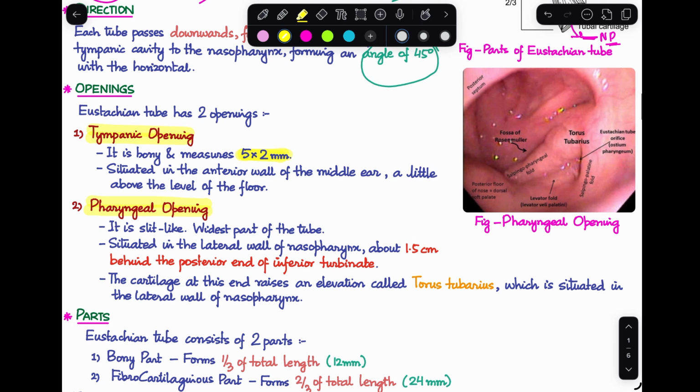As I mentioned already, it is situated in the anterior wall of the middle ear, a little above the level of the floor. If you try to remember the anatomy of the middle ear, the different boundaries of the walls and the relations of each wall, you'll remember that the Eustachian tube opening, the bony opening, is a part of this.